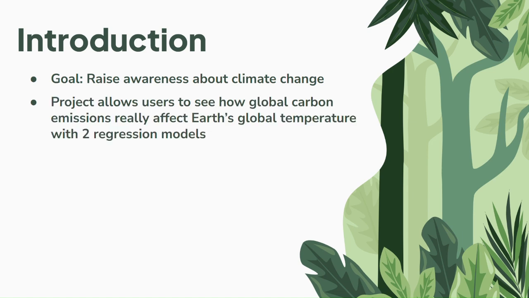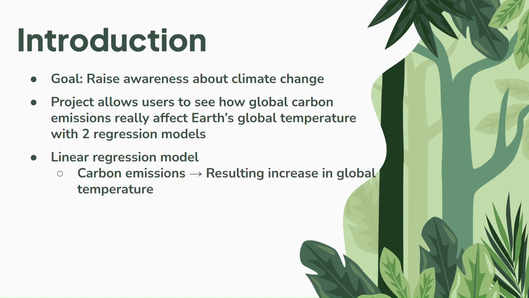So our project consists of two regression models that allow users to see how global carbon emissions really affect Earth's global temperature. Using our linear regression model, users can enter a possible value for global carbon emissions and then see how much the Earth's global temperature would increase as a result.